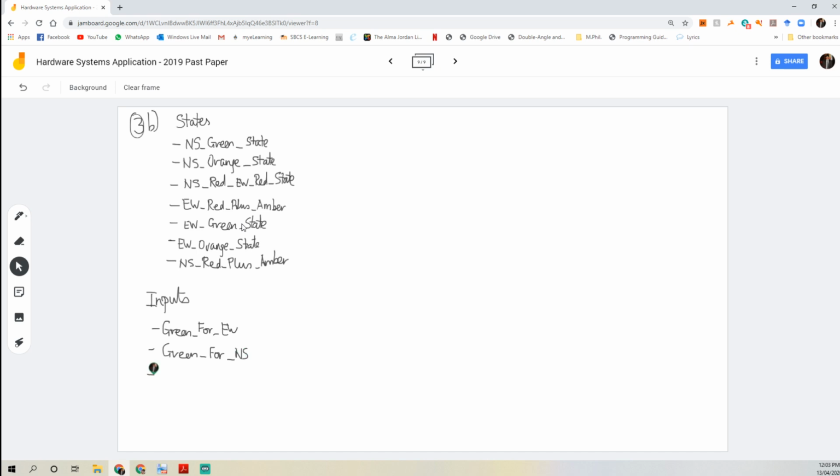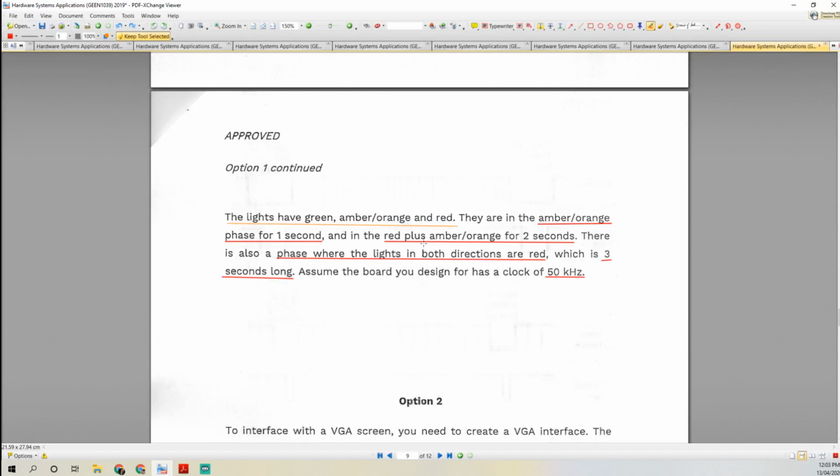And then we're going to have as some input the time itself, right? Because we know that in some of these states, the only way to come out of these states is for 1 second to have elapsed, or for 2 seconds to have elapsed, or for 3 seconds to have passed by. Okay? All right.